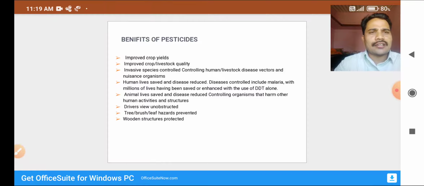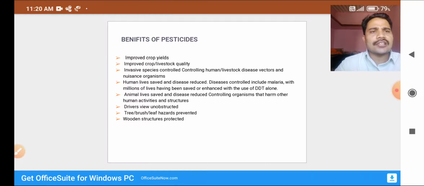Different kinds of organisms, some unknown, cause different diseases, and pesticides control or destroy them. So pesticides are used to save human life and reduce diseases.